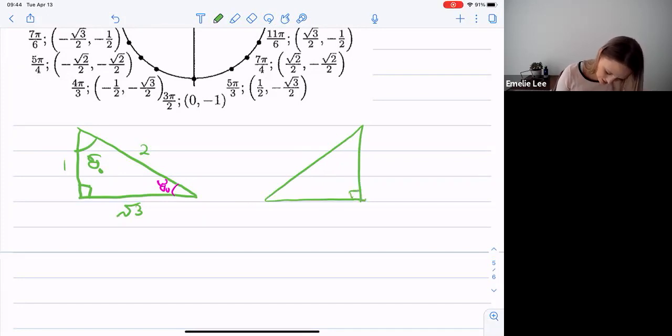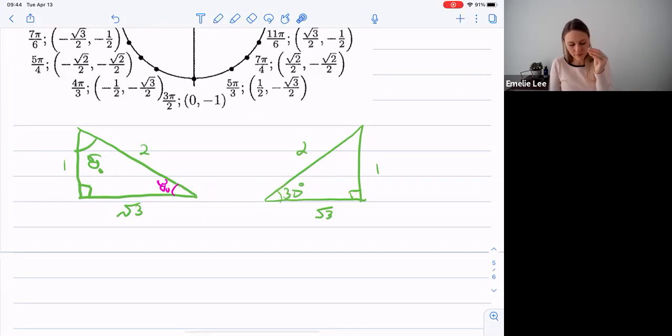So this is a length of √3, this is a length of 1, length of 2, and now 30 degrees is down here. So all I've done is I've just kind of flipped it on its side.